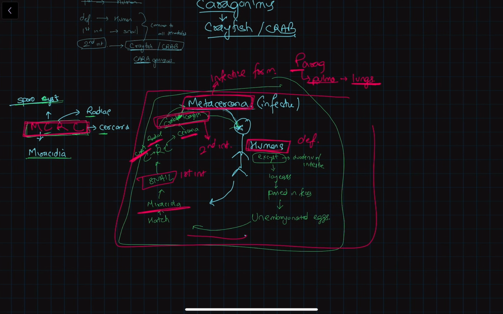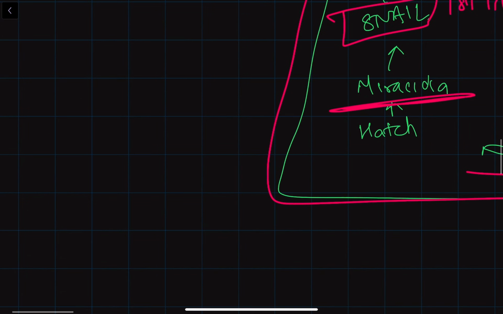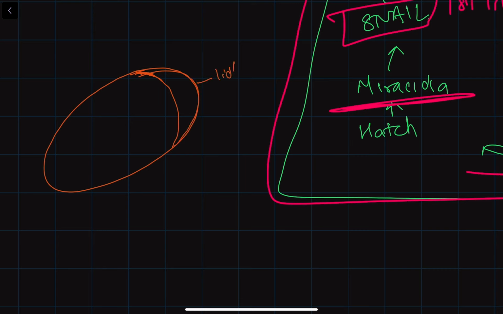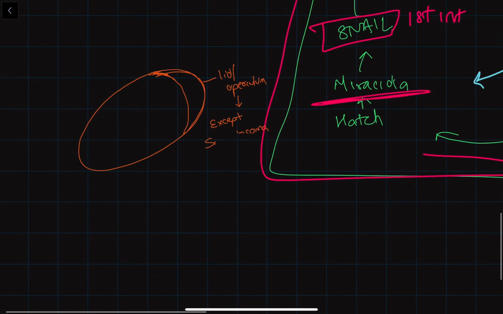One more thing you need to know about Paragonimus westermani is its eggs. Their eggs are operculated. Operculated means they have a lid, or operculum. This is present in all of the trematodes except Schistosoma.